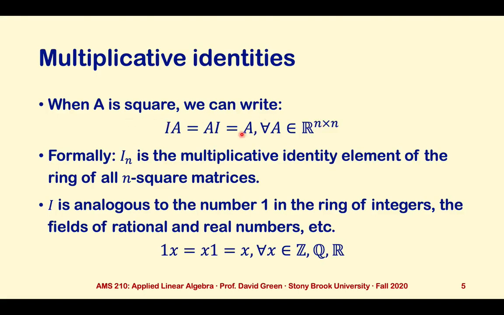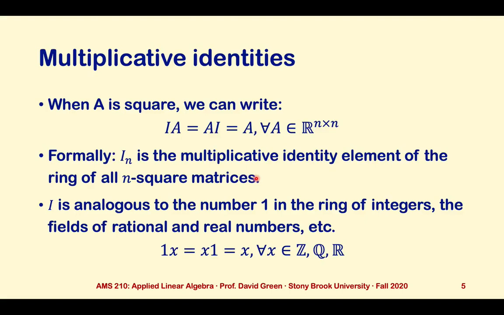This relationship is actually quite deep in terms of the formal concepts of mathematics, and we say that this I_n, the n square identity matrix, is the multiplicative identity element of what we call a ring of all n by n matrices.